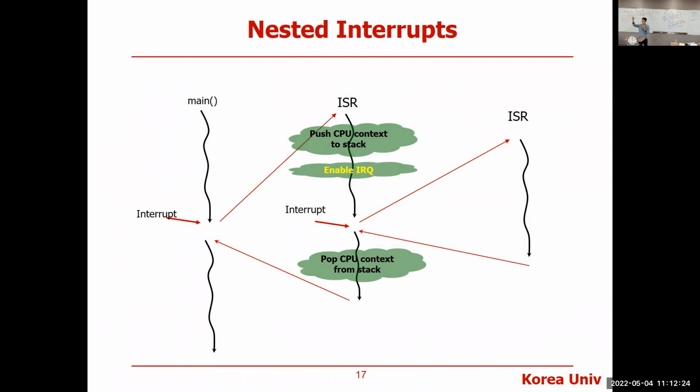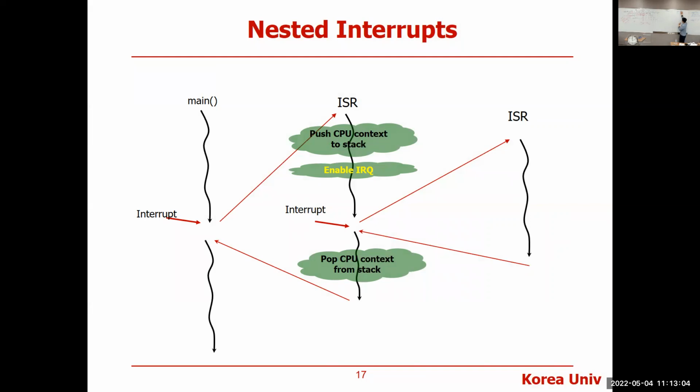So in the case of a nested function call, what do you have to do? Let me draw. It is very similar, right? Interrupt processing is similar to a function call, except you have to save CPSR information, and also some adjustment.